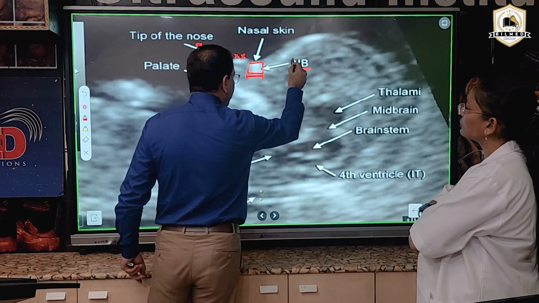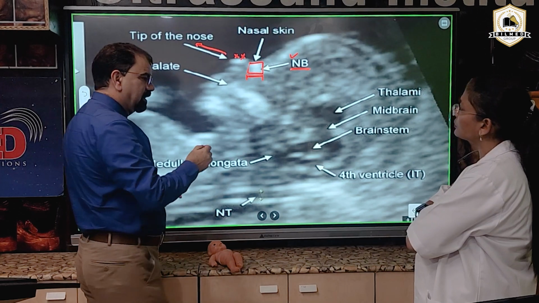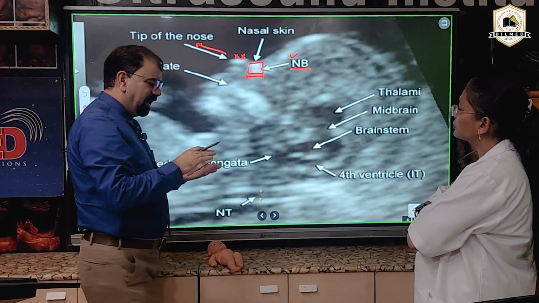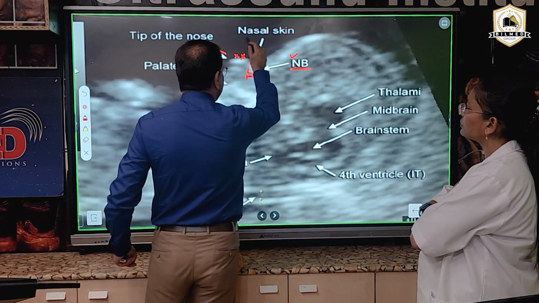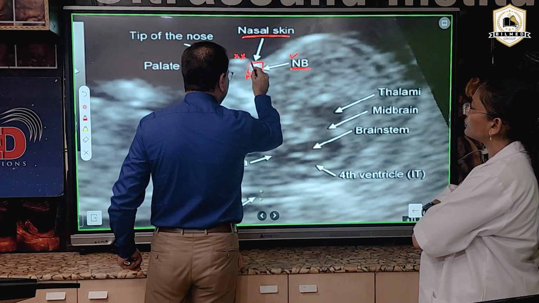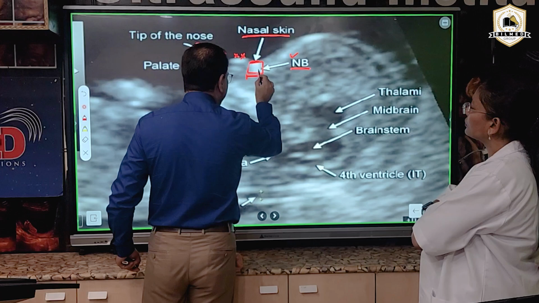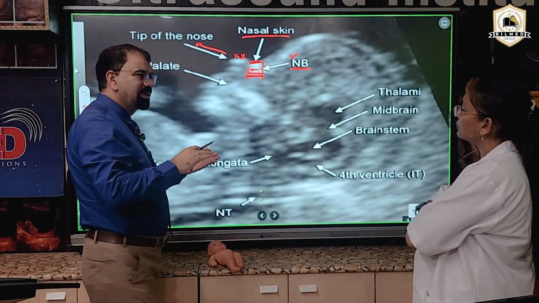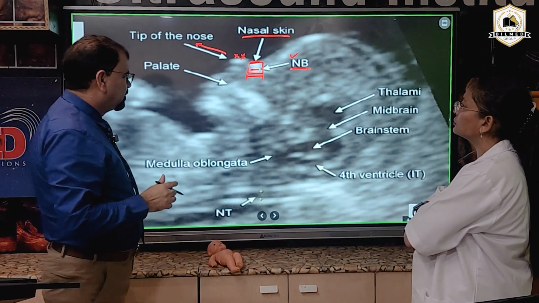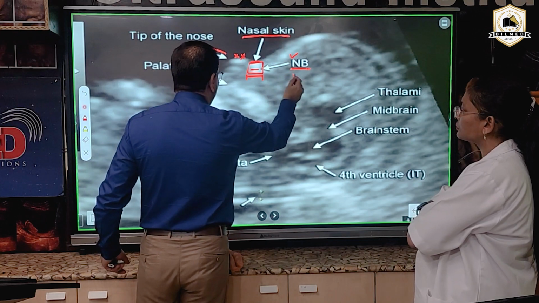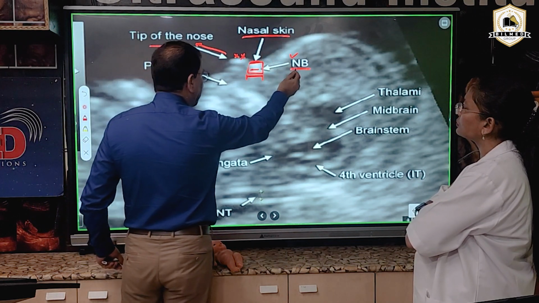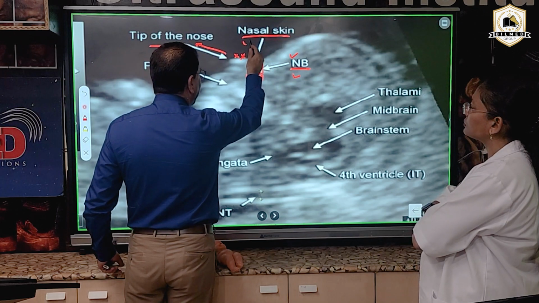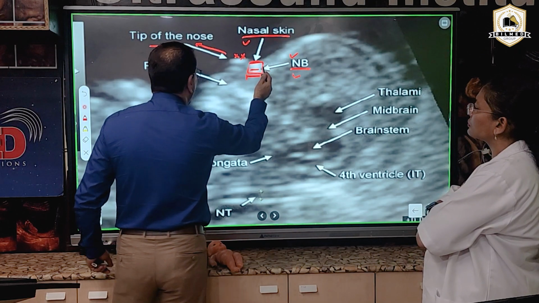And we are saying that we are having an equal sign over here. Equal sign means that the nasal skin is over here. So this will give me an appearance of an equal sign. So first point is the nasal bone, so don't take the nasal tip into account, only the nasal bone, and be aware that I am having a nasal skin over here.